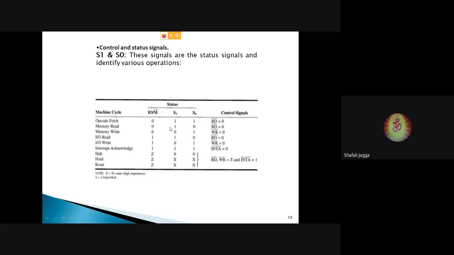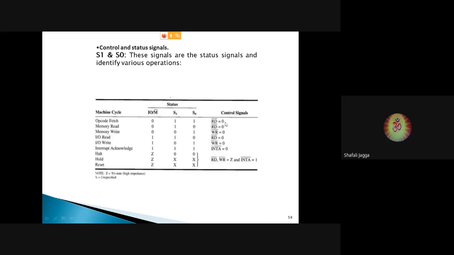Whenever both these signals are 1, 1, it means the microprocessor is fetching the opcode. And whenever S1, S0 are 1 and 0, it means it is fetching the data. Then if it wants to do a memory write operation, because it is a memory operation, IO/M bar will be taken as 0. And whenever it is the write operation, S1 is always taken as 0 and S0 is always taken as 1.